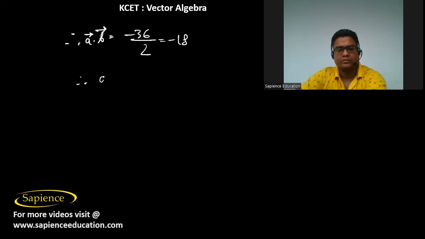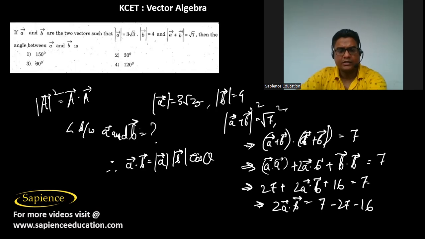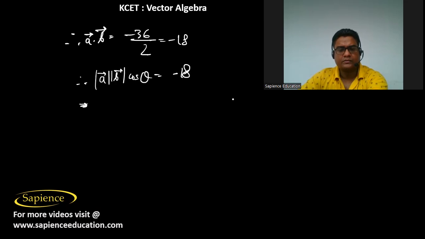Now a dot b is mod a into mod b into cos theta, so that is equal to minus 18. Now vector a magnitude is 3 root 3, and magnitude of vector b is 4.